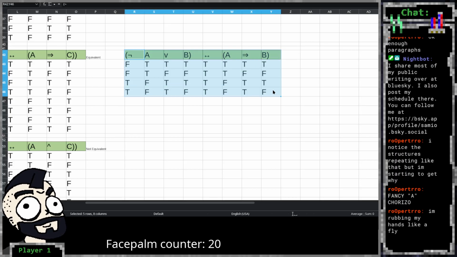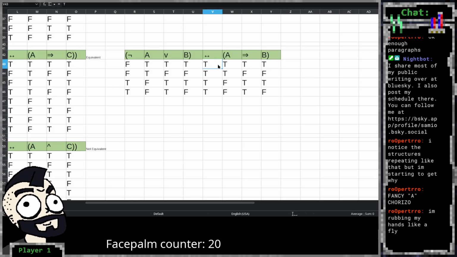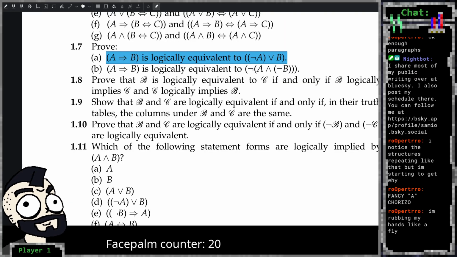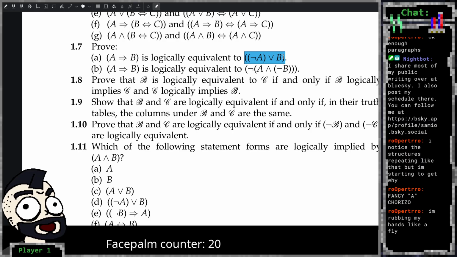So yeah, this is not a mathematical proof by itself, but if I explain to someone that the definition of this symbol is that it will only signal something is true when both sides of this operation are true at the same time, therefore, because I have this complete exhaustive mapping, every case in which A implies B is true is also the case in which not A or B is true.